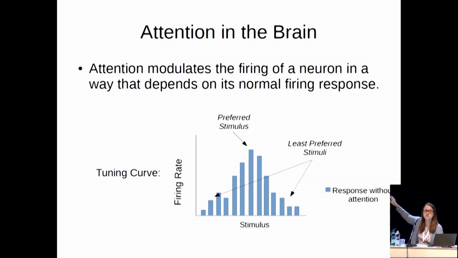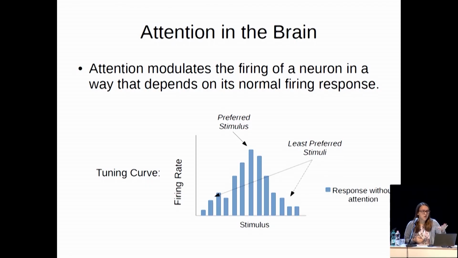So there are images where, when that image is on, the neuron is firing strongly, and there are other images that they don't respond strongly to. Those are the non-preferred or least preferred stimuli. We can talk about that information as a tuning curve, which represents the response of neurons to different stimuli, and there will be some stimuli that they respond strongly to and some that they don't.